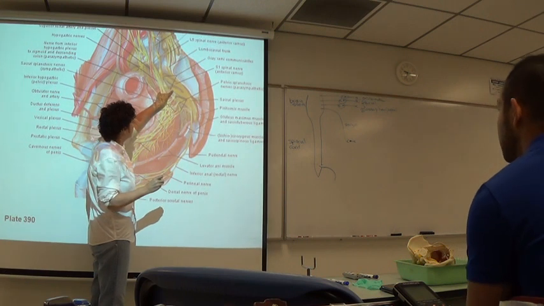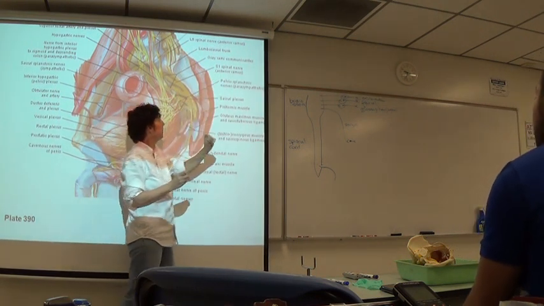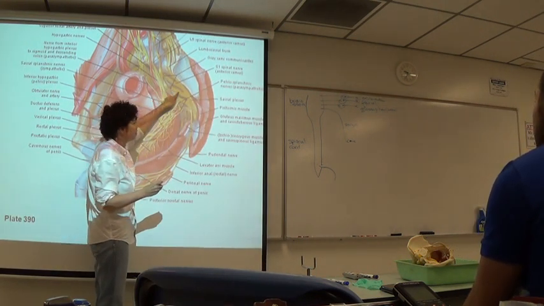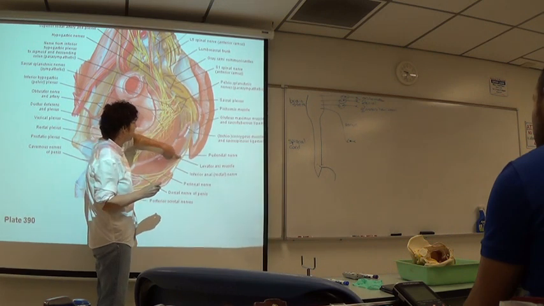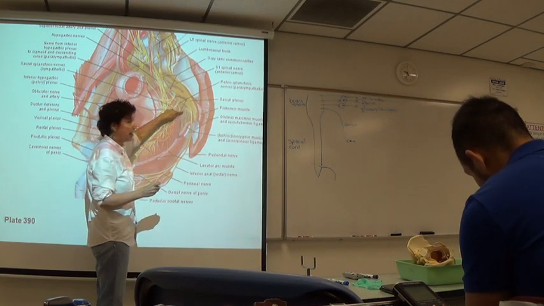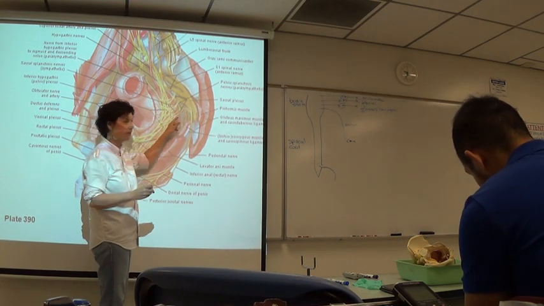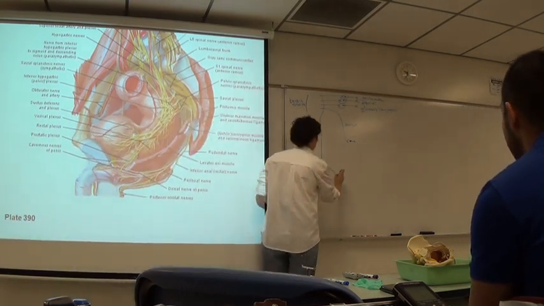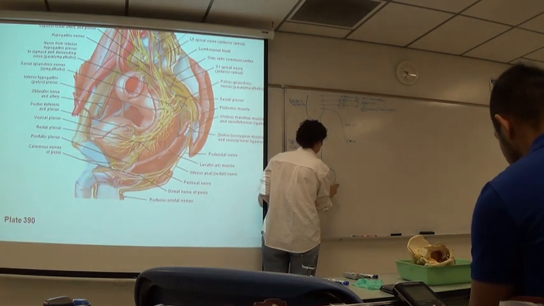So here are ventral rami, anterior ramus means the same thing, and coming out of that, not going into the sciatic nerve or the pudendal nerve, are the preganglionic fibers that are parasympathetic. So these are going to come out and go into the pelvis.